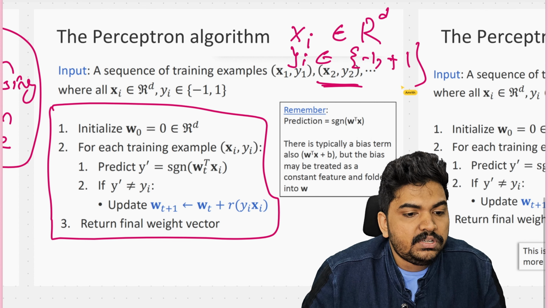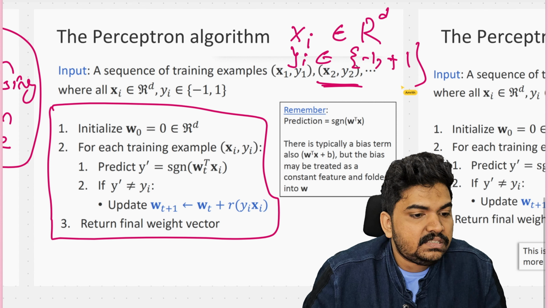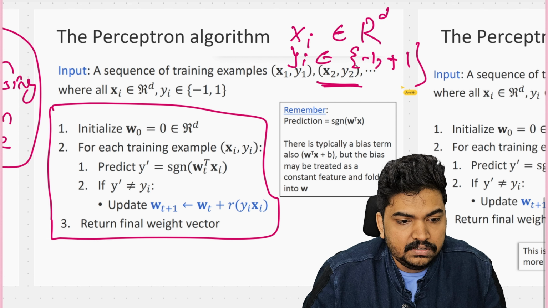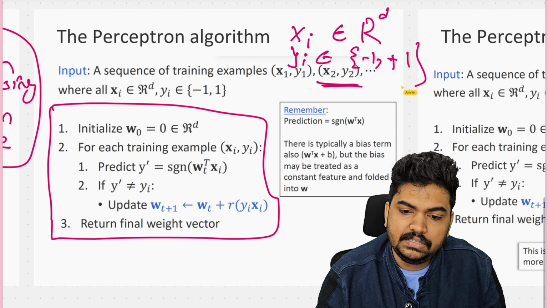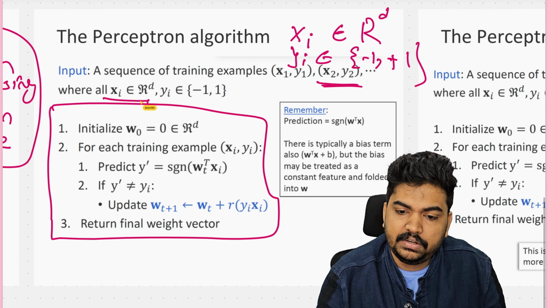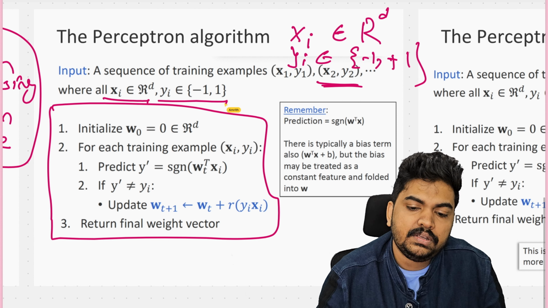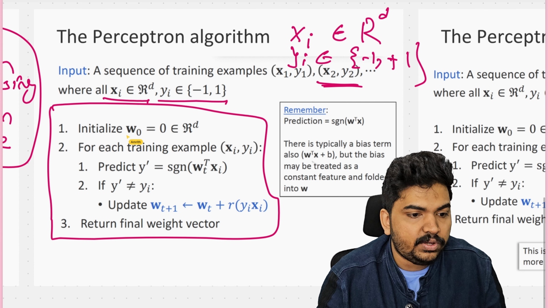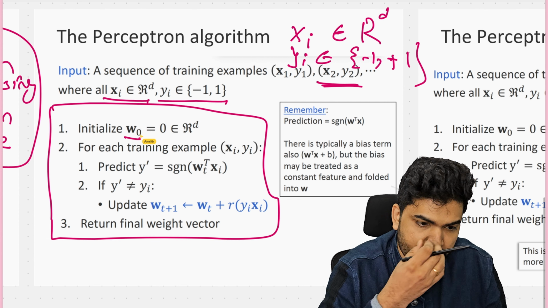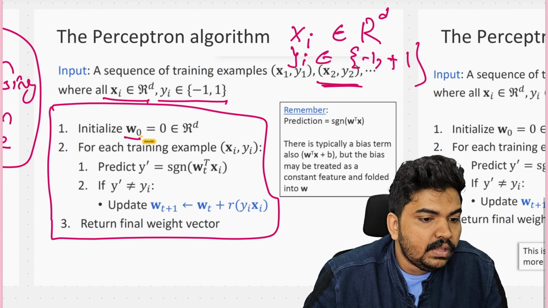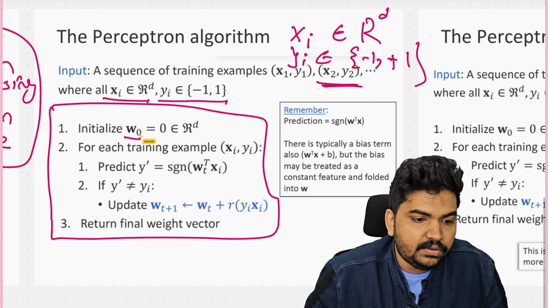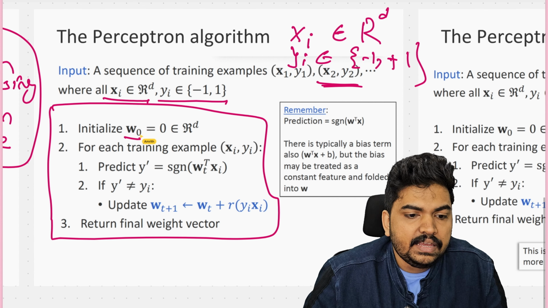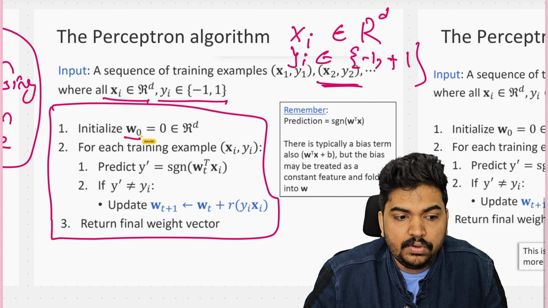The way the algorithm works is that its internal state is its weight vector w. So you can see xi belonging to R^d, yi belonging to {-1, 1}, and the internal state vector w0, the weight vector. That is the internal state of the algorithm, and it gets updated as we go along with the training.